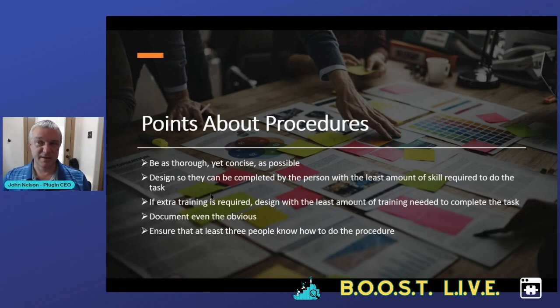Two is okay if you have to, but 3 is better. Make sure 3 people know how to do every different task in your particular business, or can be shown very quickly how to do so, because it will make a world of difference.